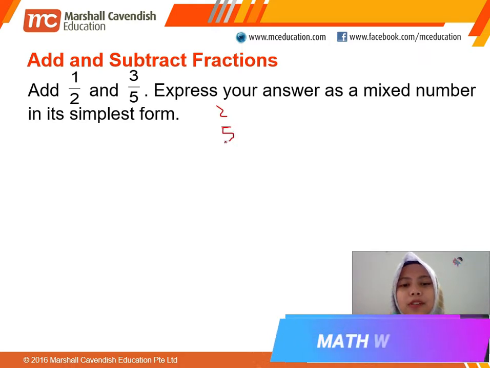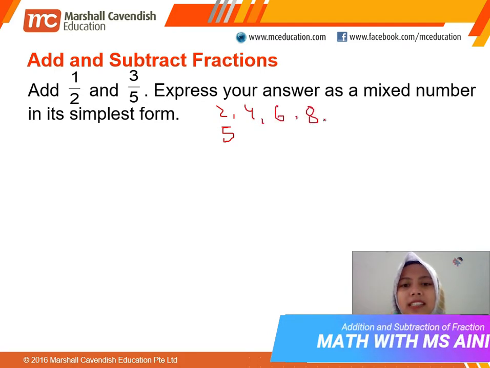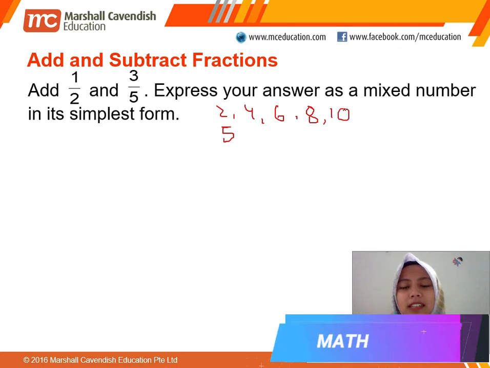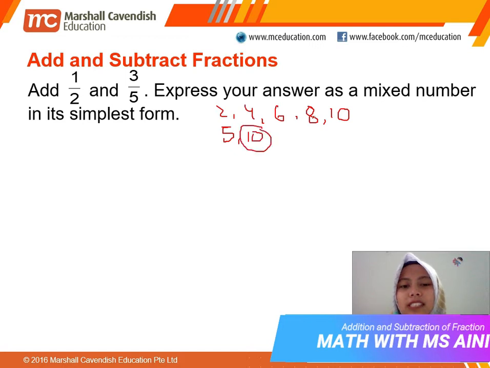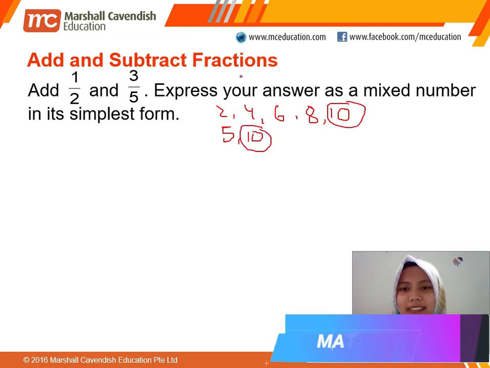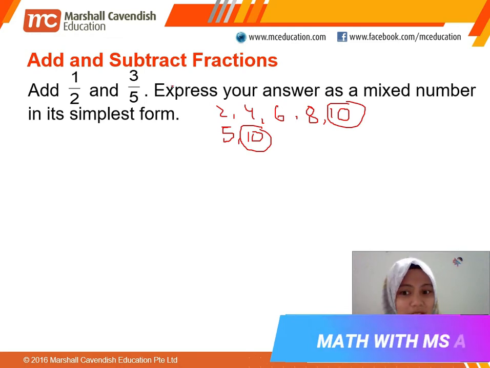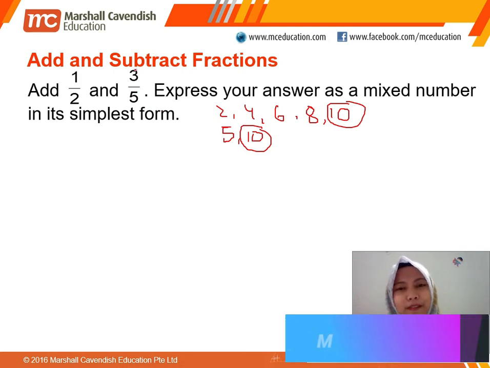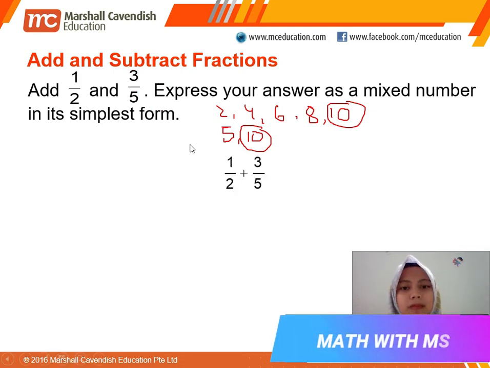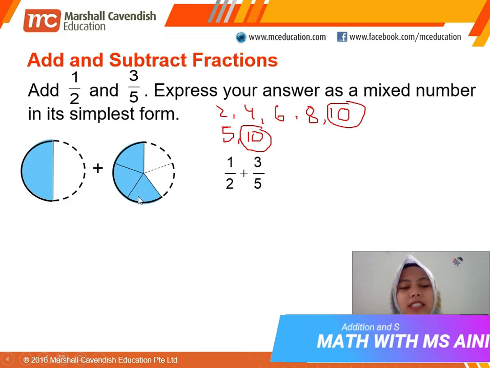We are going to list the multiples, so 2 becomes 4 and then 6 and then 8 and then 10, which is also a multiple of 5. So this is the denominator later. Now the challenge is to change a half into something over 10 and 3 over 5 into something over 10.